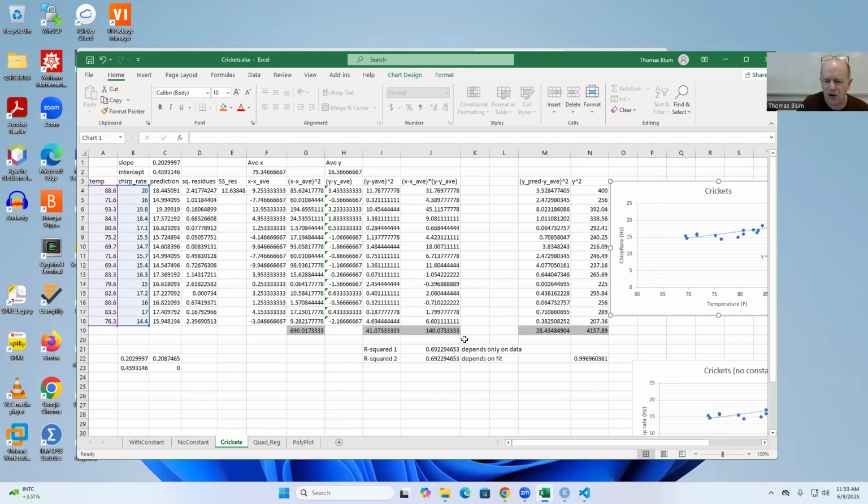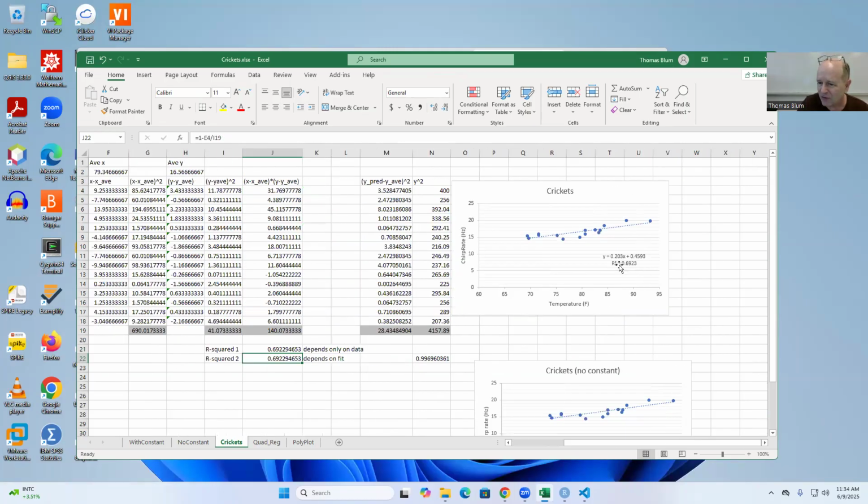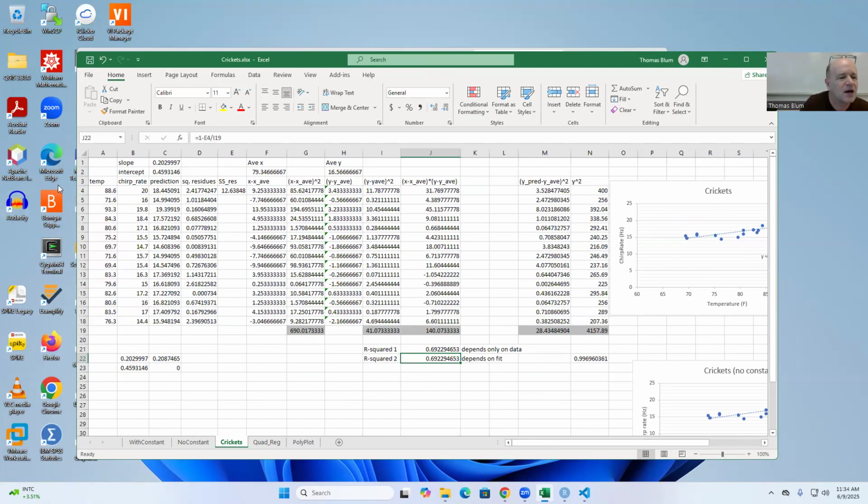So there are two ways in a usual linear fit to calculate R-squared, and I'm showing them both here. You're producing this 0.69229, which is what I was getting for the R-squared in my fit. One is based on a prediction. I'm proposing a slope and an intercept.